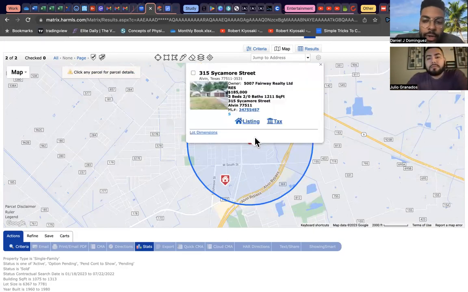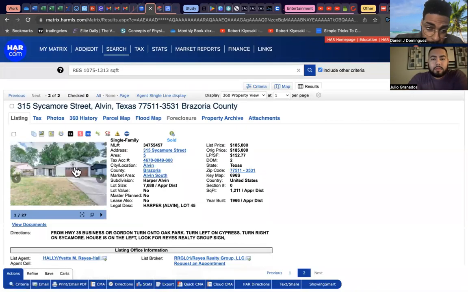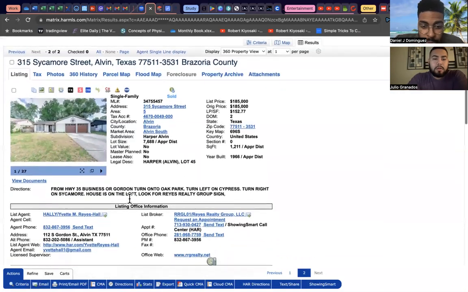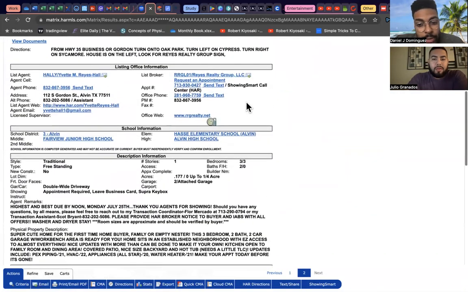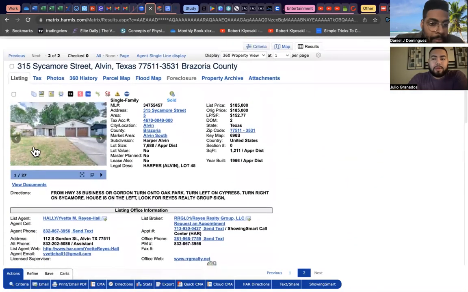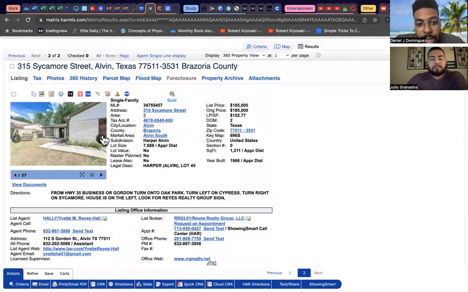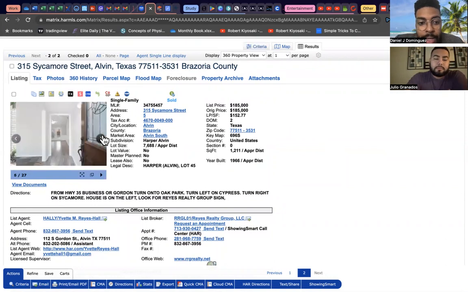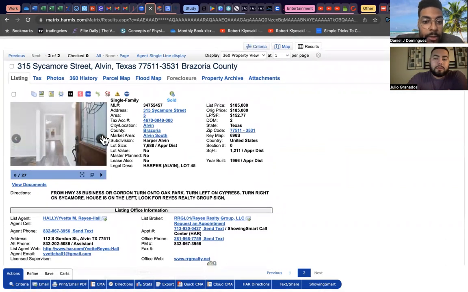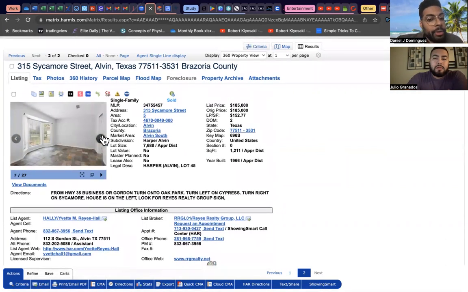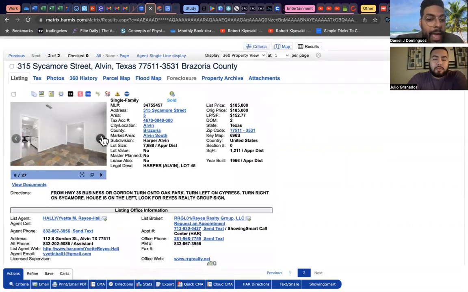All right, but this one right down the street, the only problem is this one has 3 bed, 2 bath, and the other one has 1.5. So how important is that to a buyer at the end of the day? Another bathroom, I would say kind of important, but if they have a half bath, maybe they can get away with it.